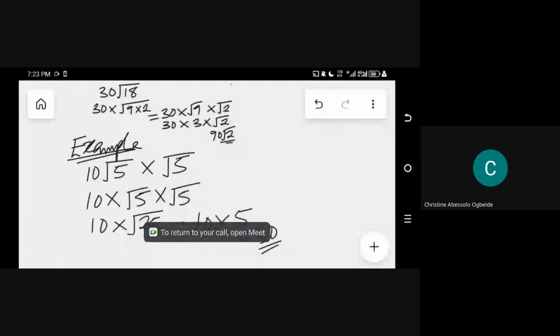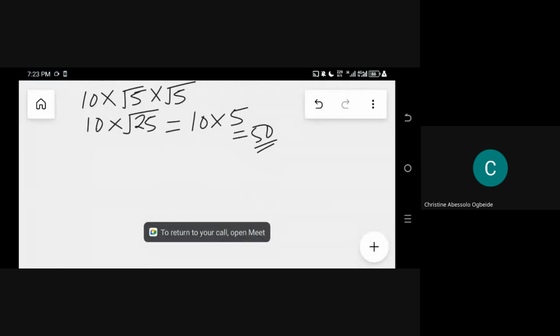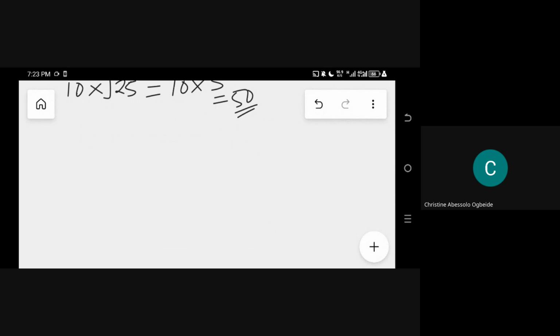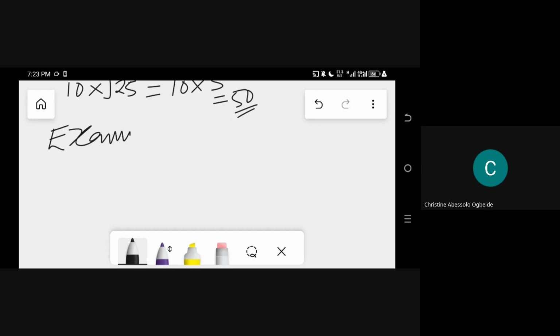Then now we will proceed to, the other day we also looked at expanding brackets. It still has to do with multiplication as well. So you have a bracket like this, call this example 3.